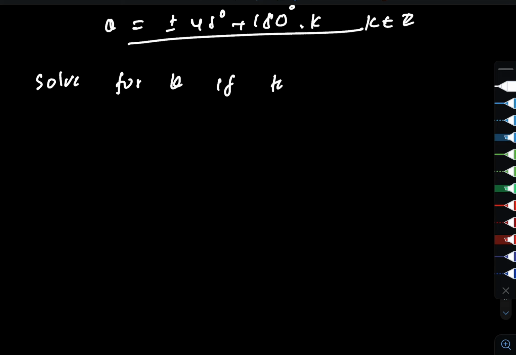Now, when they say solve for θ, this will be a little bit of a revision of what we've already covered in trigonometric equations. But we're trying here to specifically figure out for which values of the variable θ the equation will be undefined.